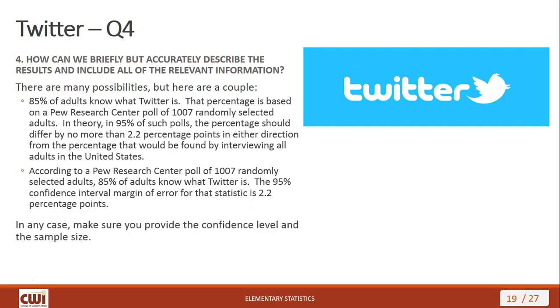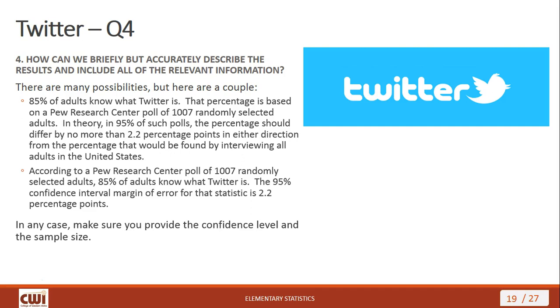Whatever way you use to describe the results, there are two pieces of information that you need to make sure you communicate. The first is the confidence level, and the second is the sample size. Think for a moment about the reports you've heard in the media from the results of surveys. How many of them actually cite the confidence level for the intervals that they are describing?